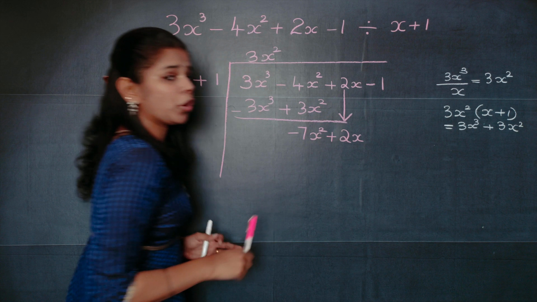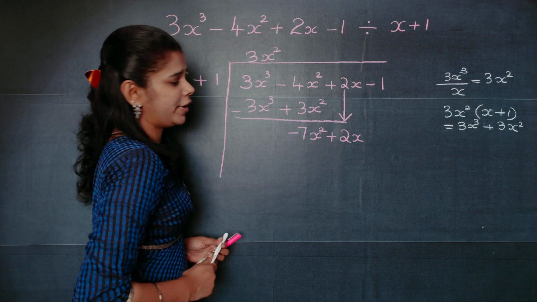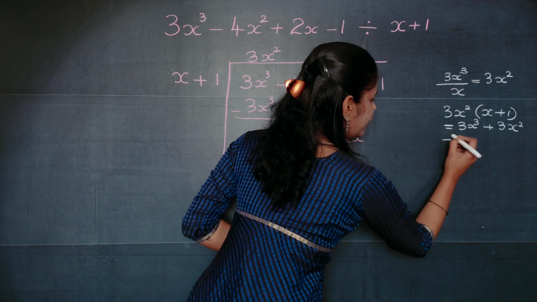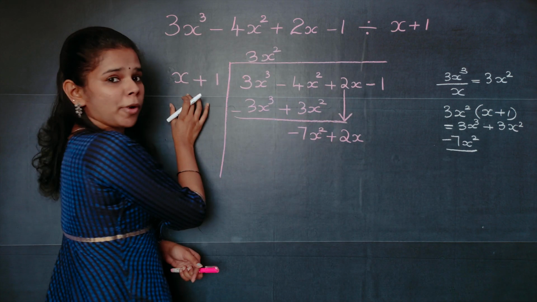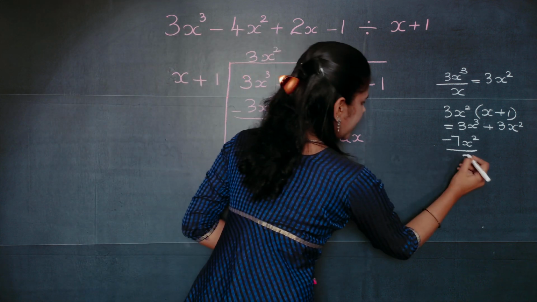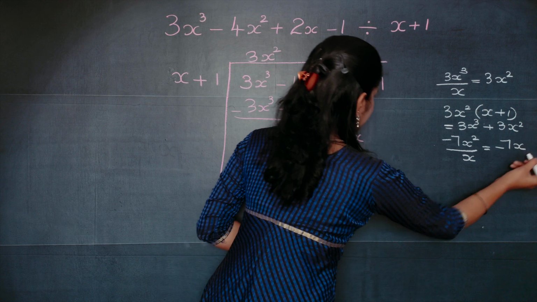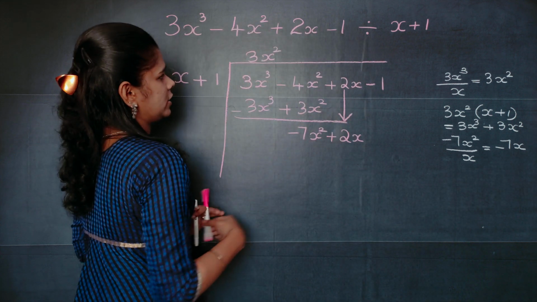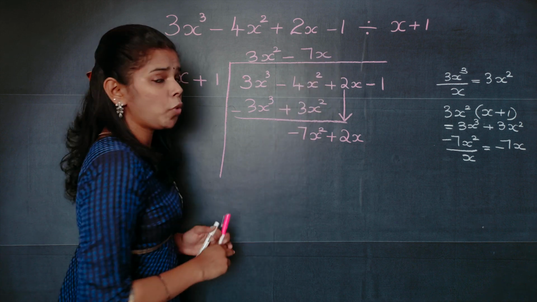Now this is your new dividend. So you should take the first term of the new dividend, that is negative 7x square, divided by the first term of the divisor, that is x. So you will get negative 7x. Now you will write that here, minus 7x. Now what you should do?